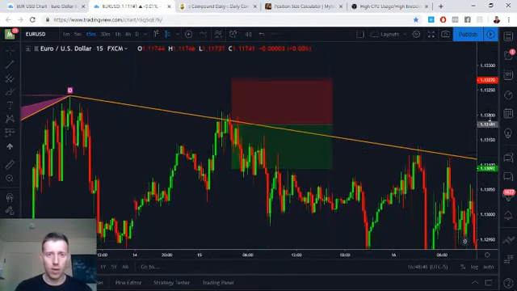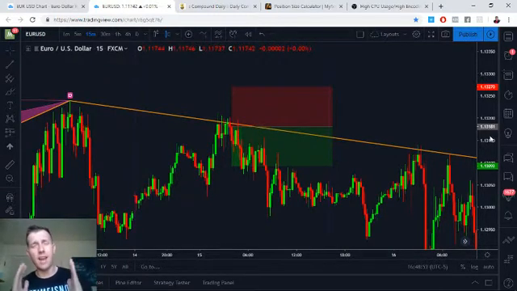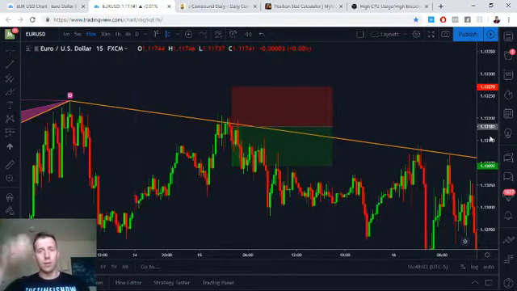Now, a lot of people that I know trade with big stop losses, and at first that makes sense because you want to give the trade space to move, and you don't want to get taken out, faked out by the market.